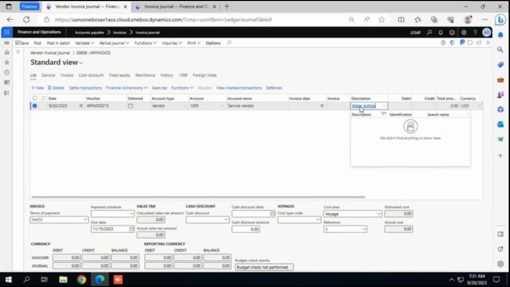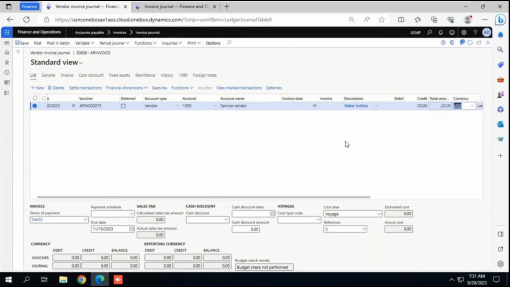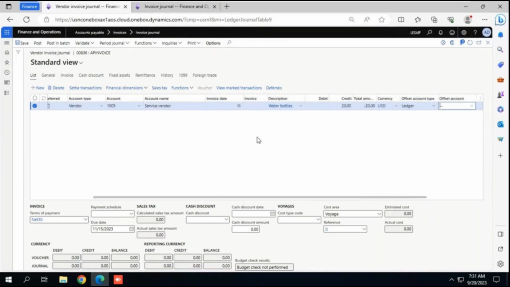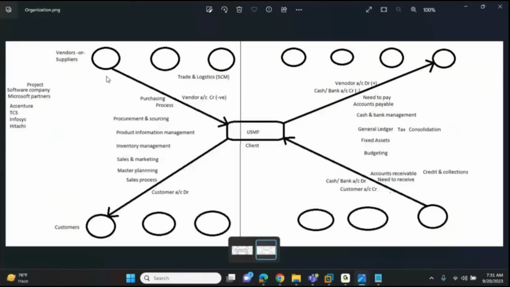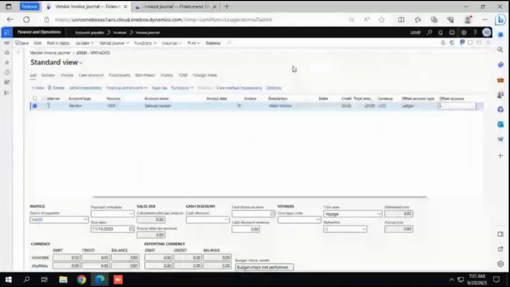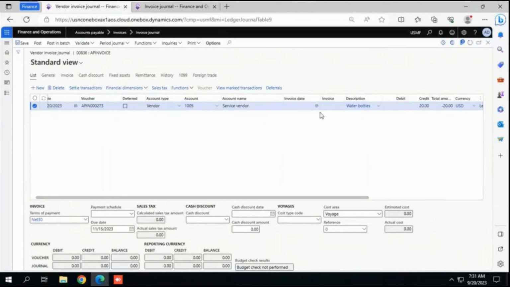Now, this vendor is providing water bottles. Water bottles are provided by this service vendor. Okay, and the water bottles cost is $20. I need to pay. Now, whenever I am taking water bottles from this vendor, he will give me one invoice copy.